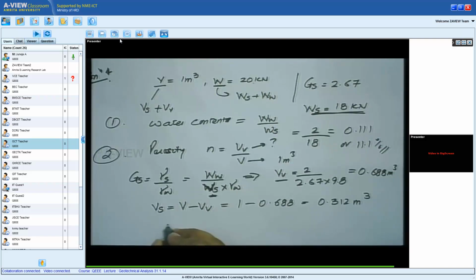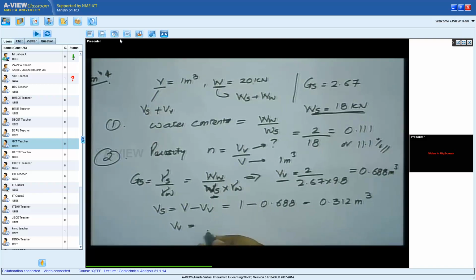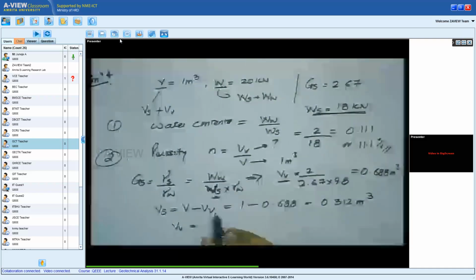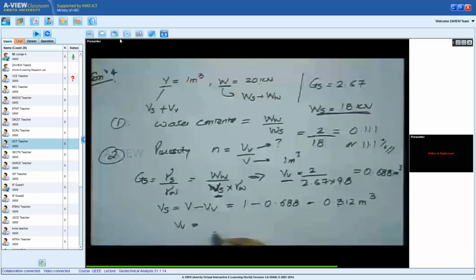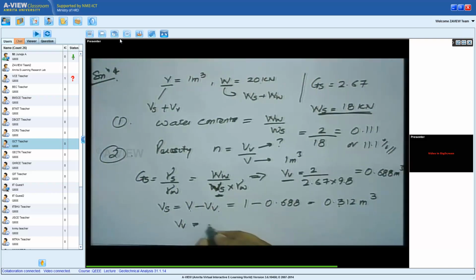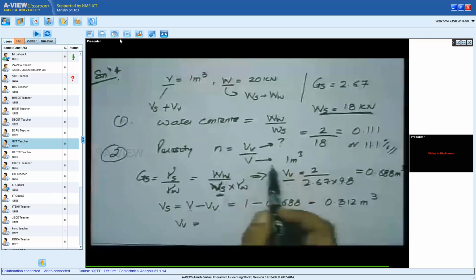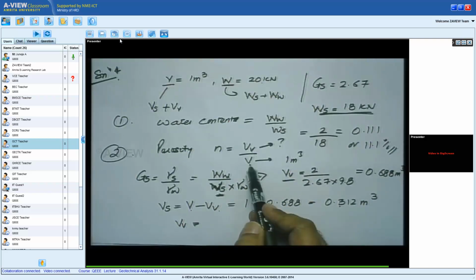What about the next one? If volume of solids is known, what about volume of voids? Volume of voids is total volume minus volume of solids, which is here. I'm getting confused over here, sorry. The question objective was volume of voids over total volume.